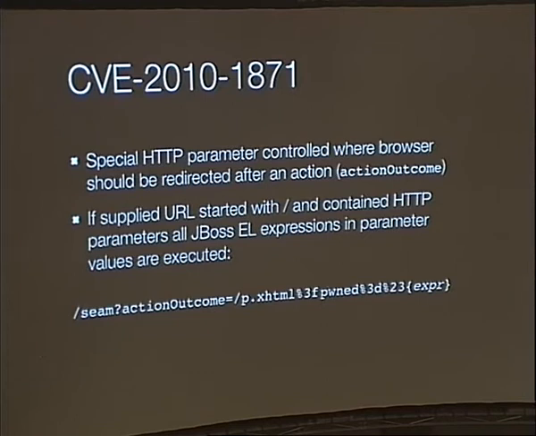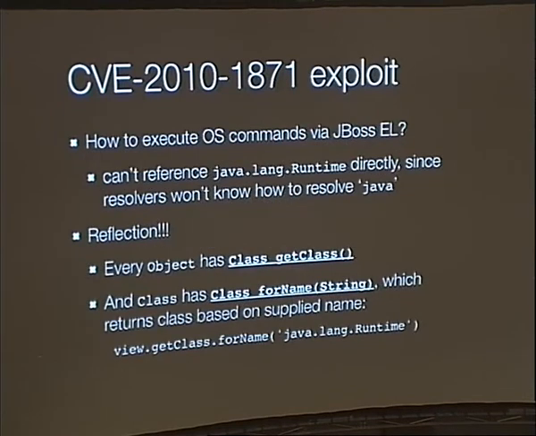Now the question is, how can we execute operating system commands in this case? Because it appears as if you can only call methods on the predefined objects. So you cannot simply call java.lang.Runtime because class java is not actually registered as a predefined object.